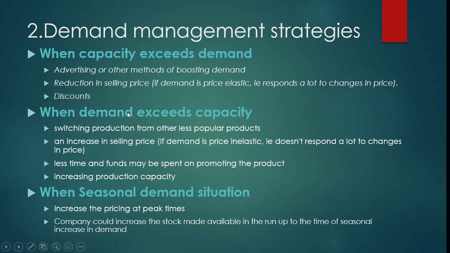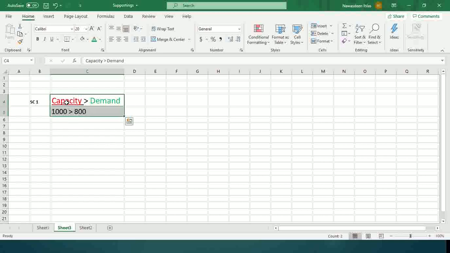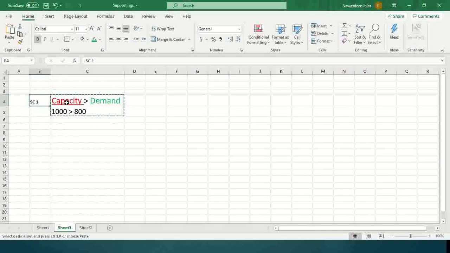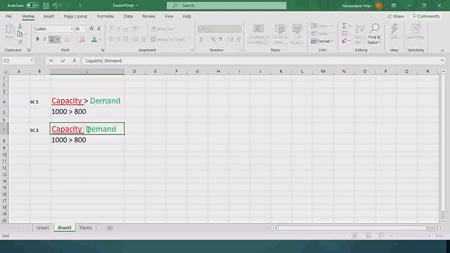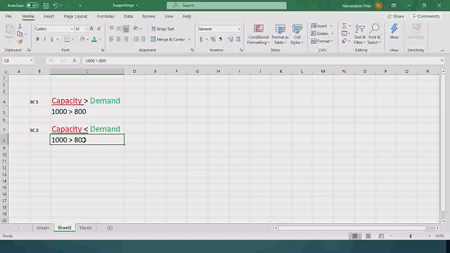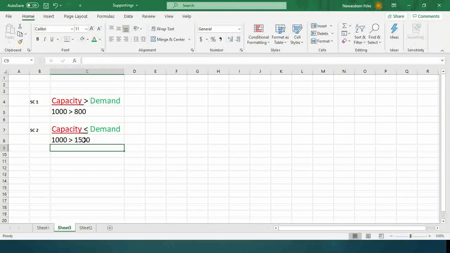The second scenario, when demand exceeds capacity. So we'll say our demand now is 1500, capacity is 1000, but demand is 1500.